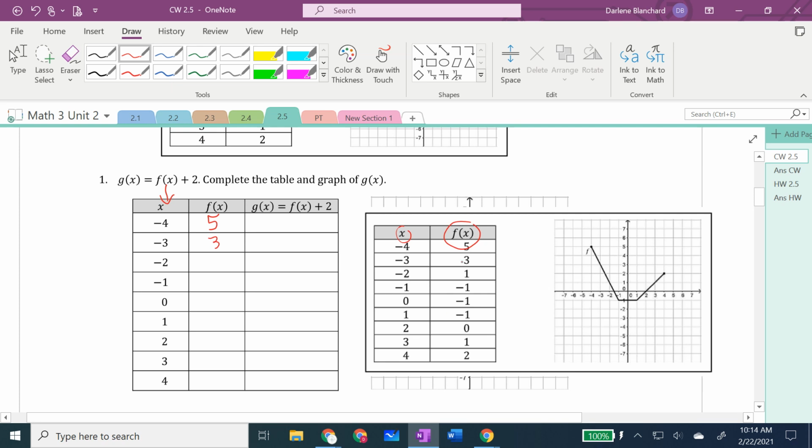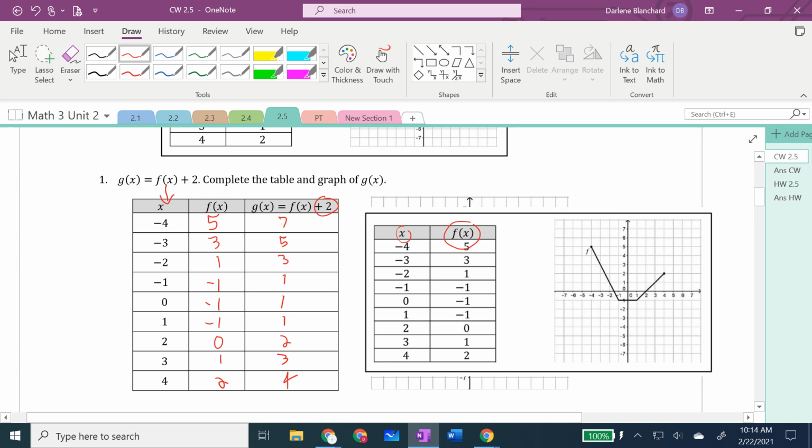Basically, I can copy paste this f of x column all along here. Now, f of x plus 2 means add 2 to what you have. So 7, add 2, add 2, add 2, add 2, add 2, add 2, add 2, add 2.